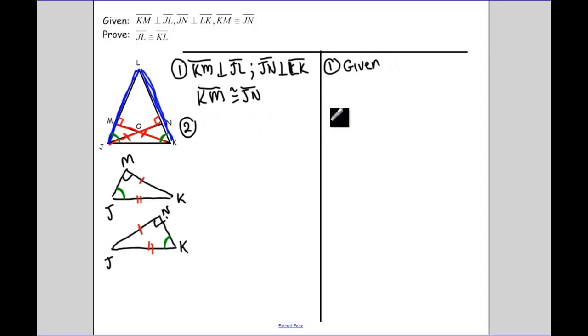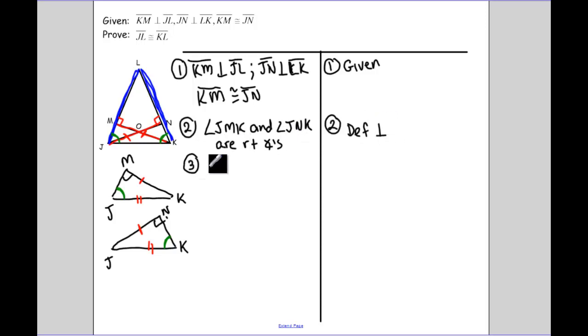Step 2. Alright, we know that perpendicular lines, so take this piece we're given, our perpendicular lines form right angles. So angle JMK and angle JNK are right angles. That is because of the definition of perpendicular lines.